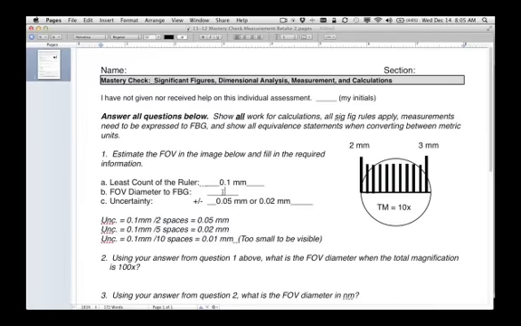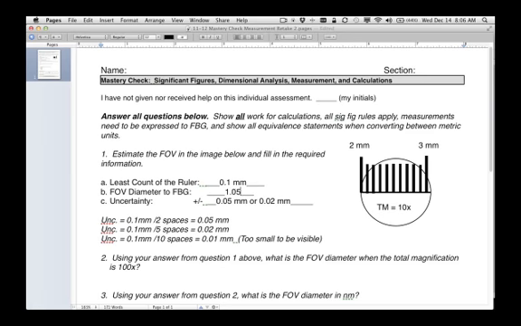So we know that from our least count we get at least 1 millimeter. And then we have to visualize how many spaces there are in this part of that diagram. So if we divide it in half, we could either say 1.05 or we could say 1.1, which would be the least count.